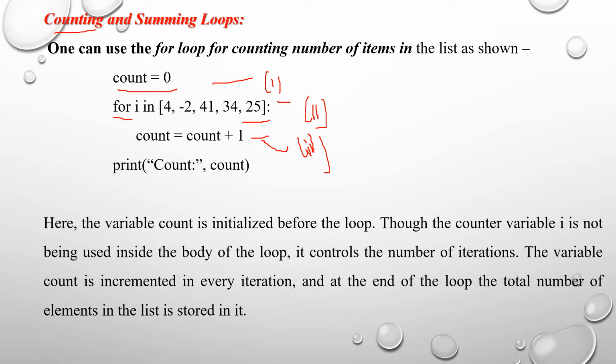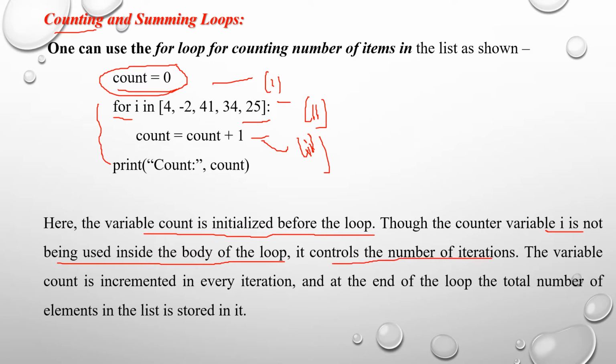In this program the variable count is initialized before the loop. So count = 0 is the initialization. Though the counter variable i is not being used inside the body of the loop, it controls the number of iterations.